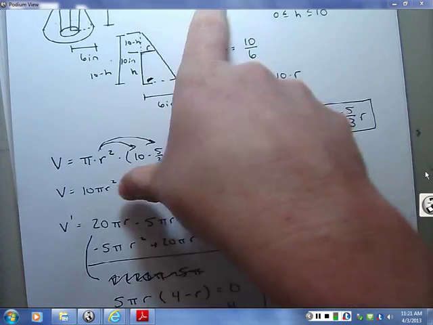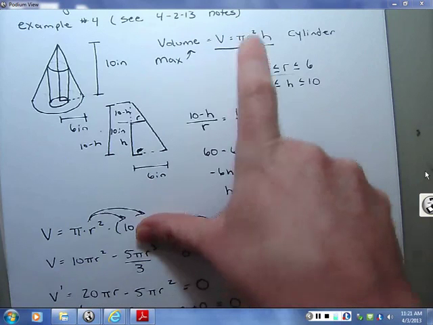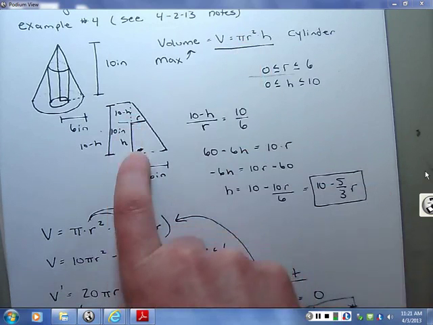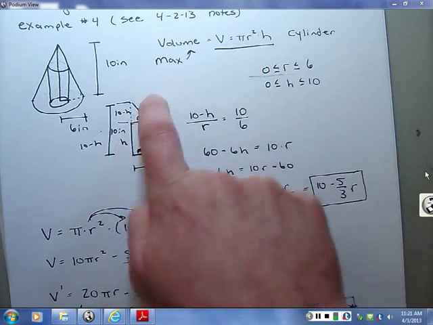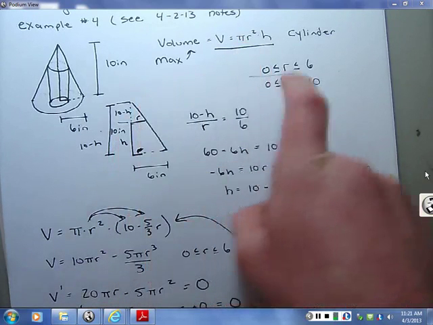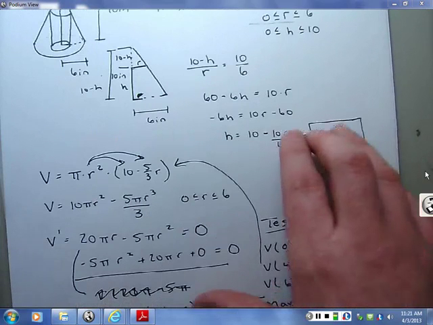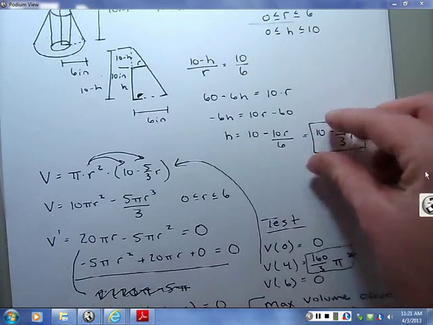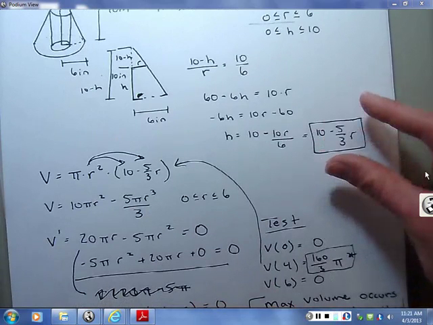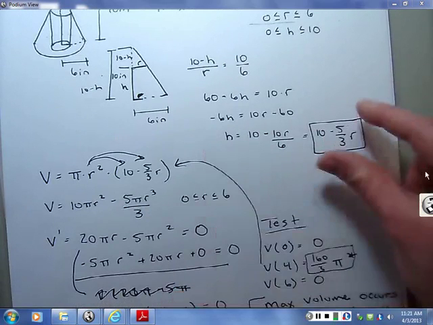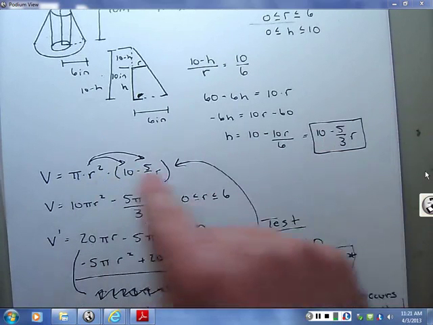Once you know that, you need to get it in terms of only r or only h, so you need to use similar triangles. You actually have to use a triangle here. So set up the relationship between r and h. Then you plug the term for h as a function of r back in for h, and then you have a volume function of r.